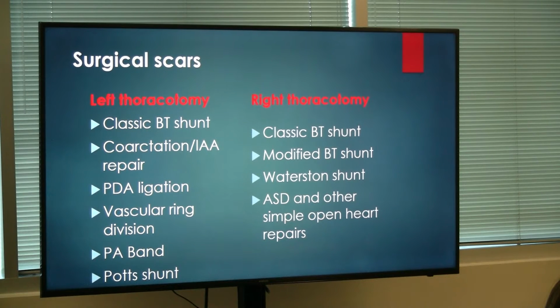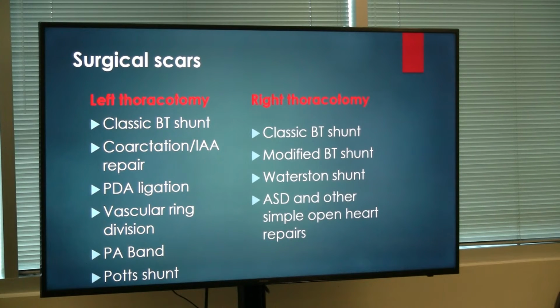So let's talk about the surgical scars. It's important because the patient may walk into your clinic without any prior history, but they will have scars as telltale signs of the previous surgeries they had. A lot of surgeries can be done through a median sternotomy, so sometimes it's difficult to know what they had done.